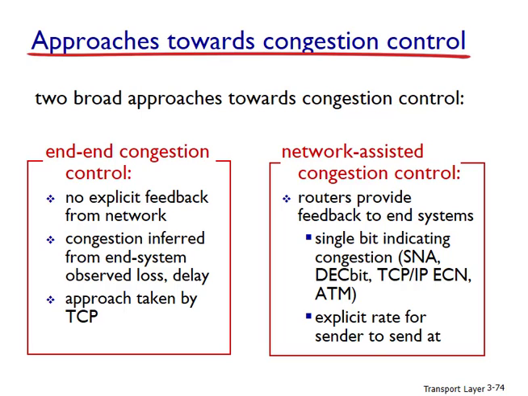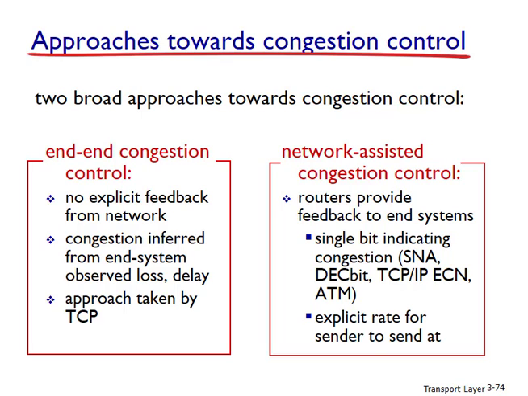For network-assisted congestion control, congestion information is typically fed back from the network to the sender in one of two ways. Direct feedback may be sent from the network router to the sender. This form of notification typically takes the form of a choke packet, essentially saying, "I'm congested."